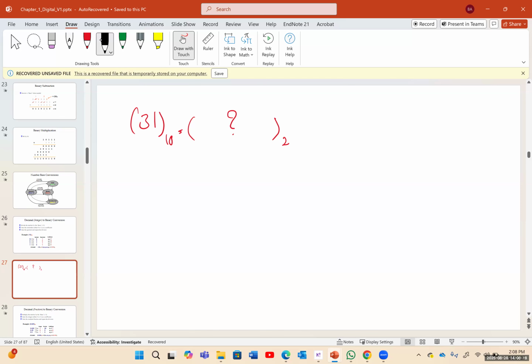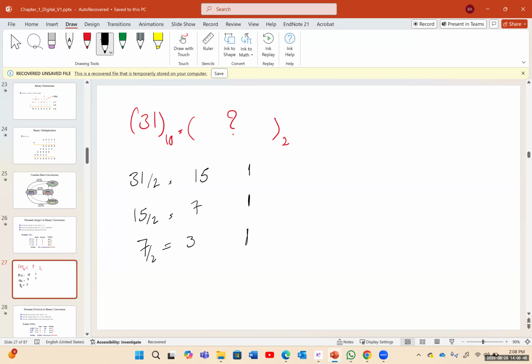Has anyone solved it? What is the answer? 1, 1, 1, 1. 5 ones? Yes, perfect. So 31 divided by 2 is 15, and what is the remainder? 1. 15 divided by 2 is 7, and what is the remainder? 7 divided by 2 is 3, perfect, and 1.